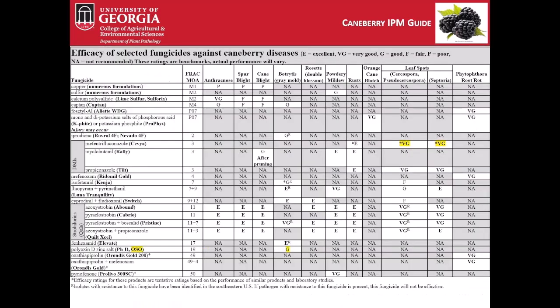And also in that guide, there is an efficacy chart that lists all of these major diseases and the efficacy of each respective fungicide that we would recommend in the Southeast against those particular diseases. We've added Sevia this year for its potential efficacy against leaf spots. It's a relatively newer label for Sevia for blackberry. And we've also, like I mentioned, added Osso for botrytis as well.